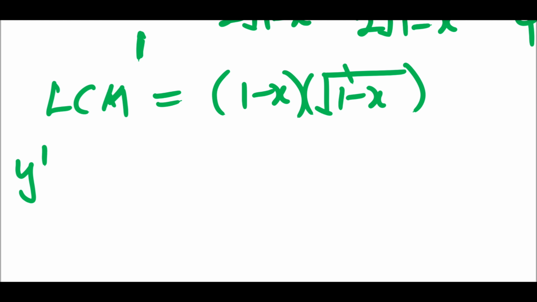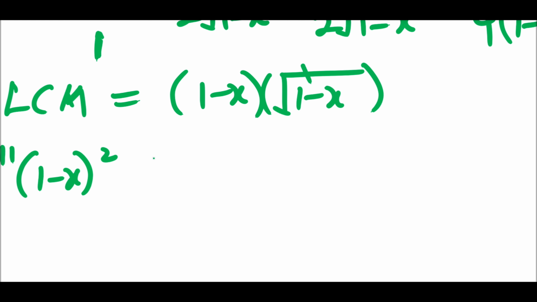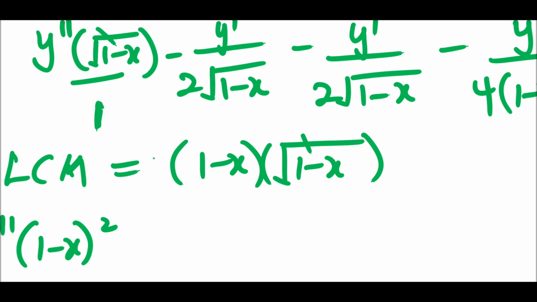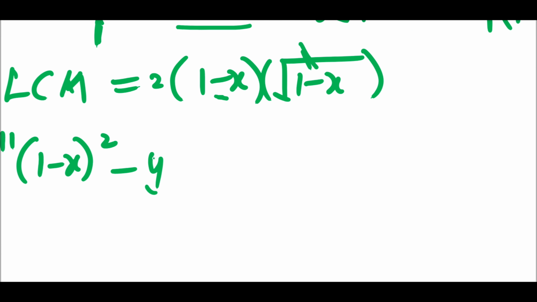Then that will multiply this one as well. So we are going to get 1 minus x squared. Right. Then move to the next step. When we move to the next step, we have it over here. So when it multiplies this will cancel this, and it will be left with this. So we are going to get minus y, or there should be 2 over here. The LCM should be having 2. Okay.